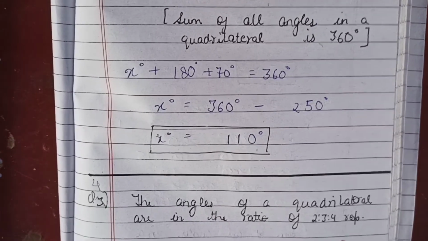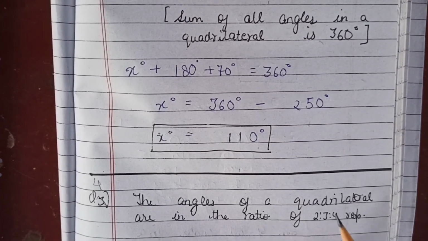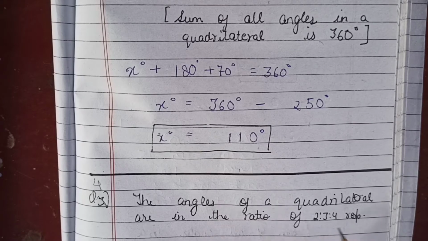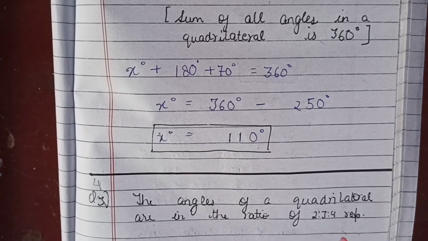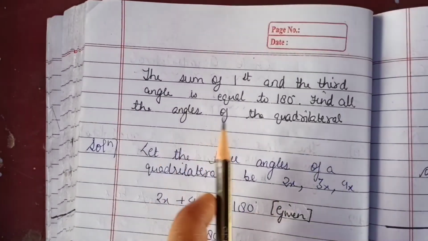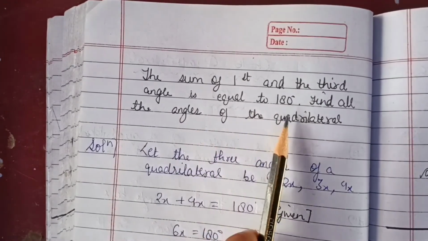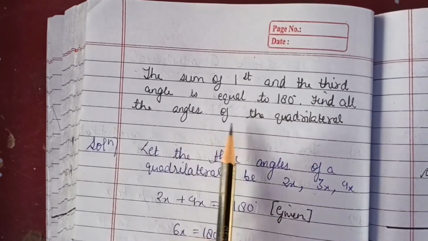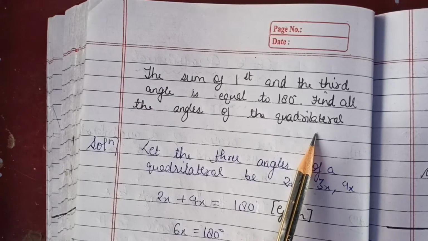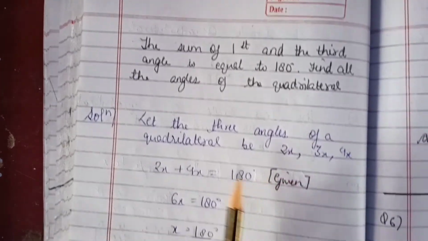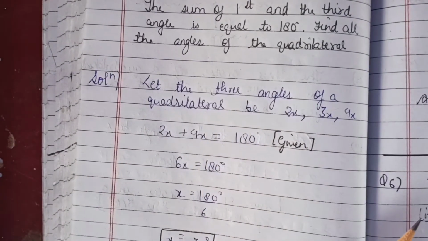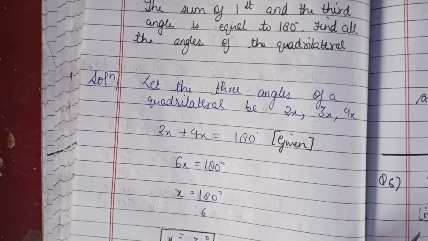Now question number 4. The angles of a quadrilateral are in the ratio 2:3:4 respectively. The sum of the first and the third angle is equal to 180 degree. Find all the angles of the quadrilateral. Now three angles they have given you in the ratio 2:3:4.